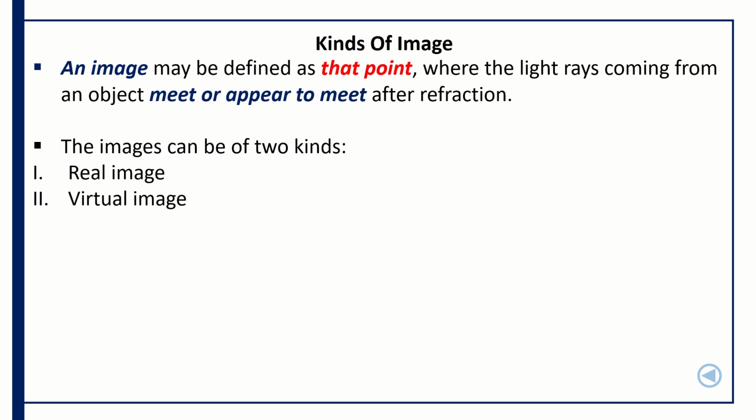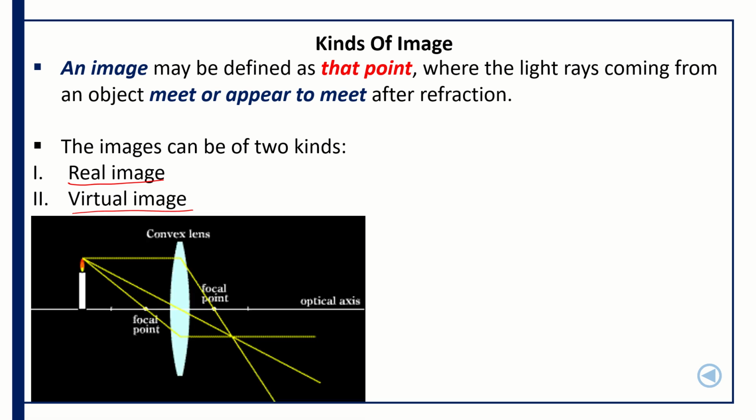As we saw in the previous scenarios in case of convex and concave lenses, the three principal rays are meeting at a certain point, or after extension they are appearing to meet at a certain point. Then the images formed are categorized in two different kinds. The first one is real image and the second one is virtual image.